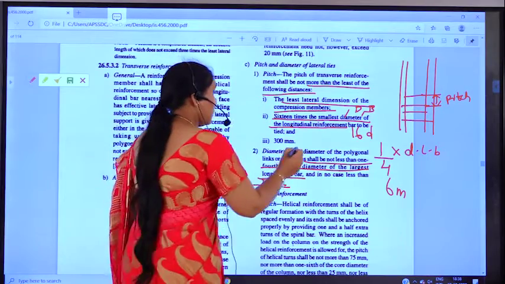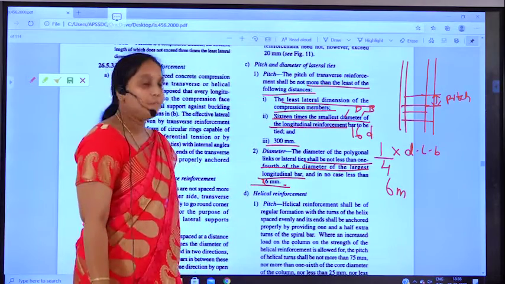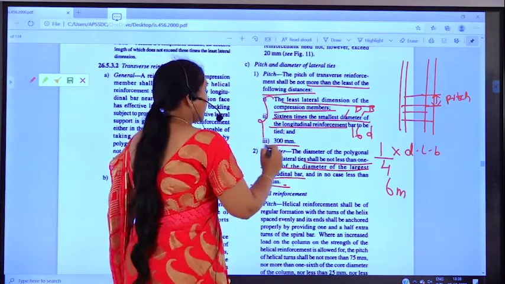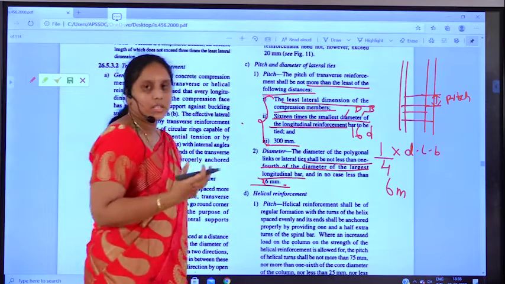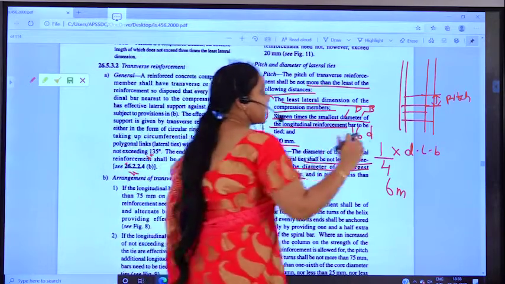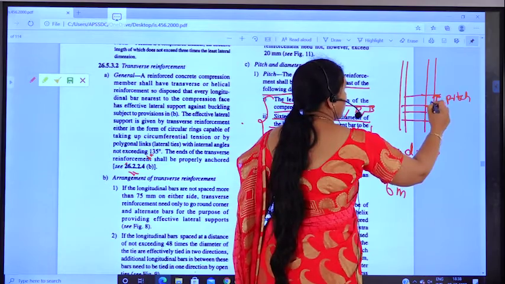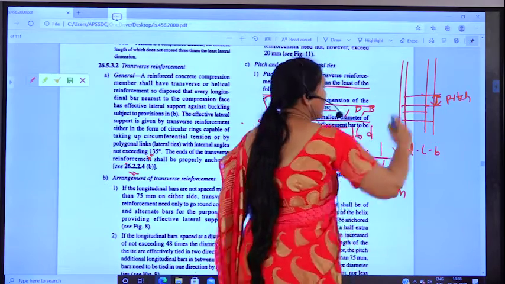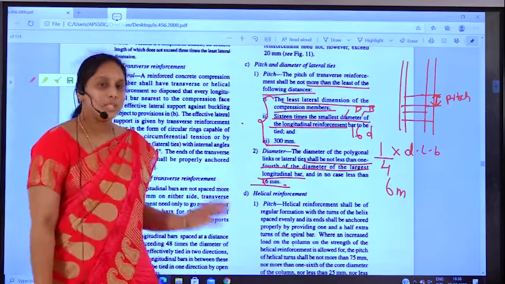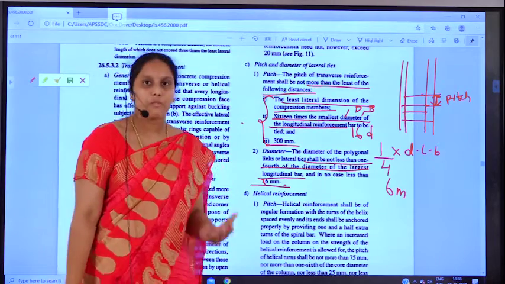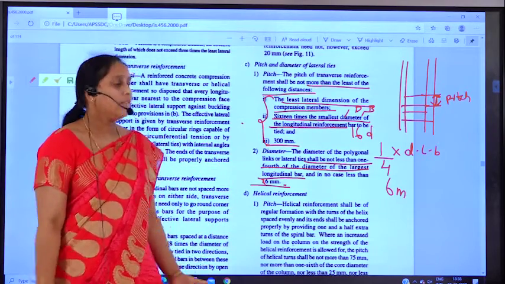And the other one is 300 mm. Out of these three, the least value has to be considered as the pitch you are providing for the lateral ties.